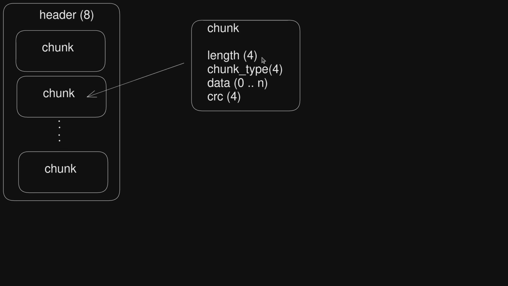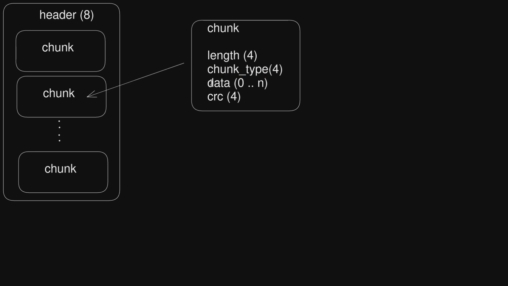The first 4 bytes represent the length, so these are interpreted as a U32 number. After that, we have the chunk type, also represented by 4 bytes, and this is what we implemented in the last chapter.